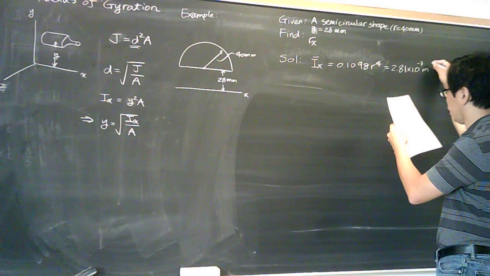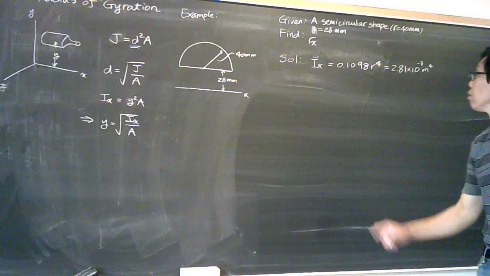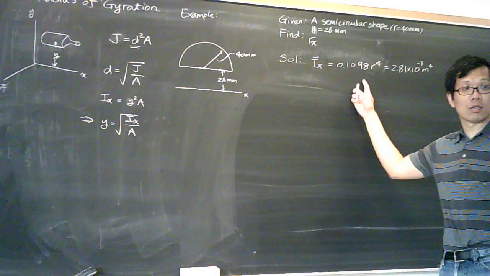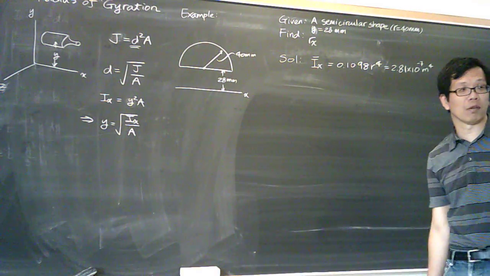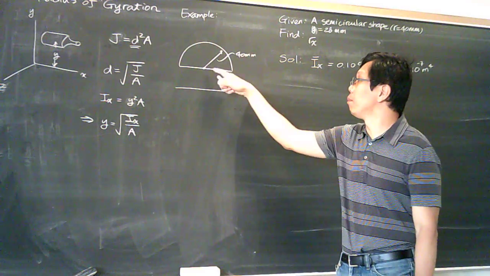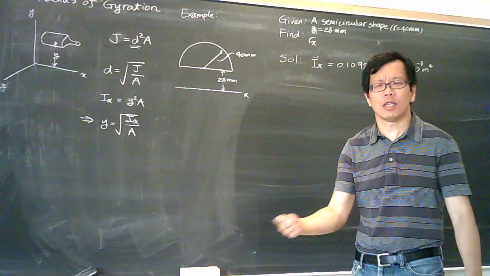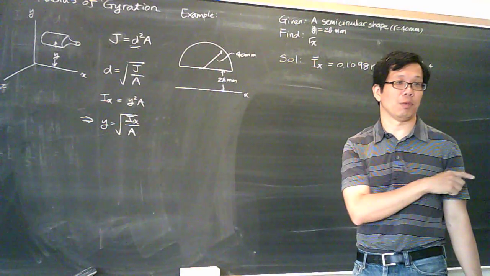I convert everything in terms of meter. So this is something I have, but can anybody tell me what is the meaning of this moment of inertia? Is this one about the x-axis, or about its bottom, or about its gravity center, or centroid, when you look at the table in your textbook?